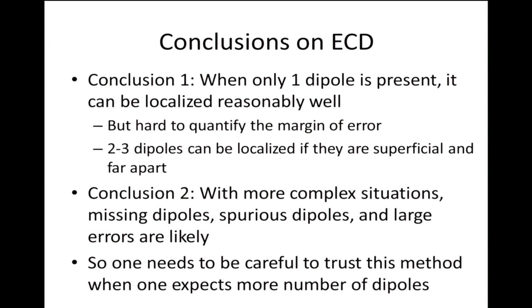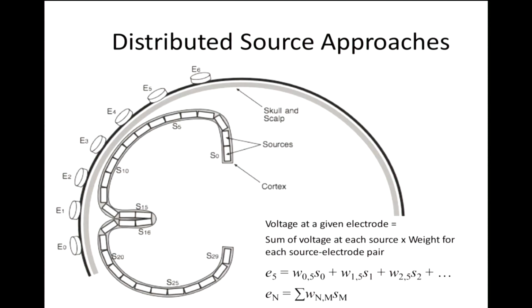An alternative to ECD, with very few dipoles, is what we call distributed sources. You are not assuming only one dipole, you are assuming there are lots of sources. We call it distributed source reconstruction. The formulation is the same.